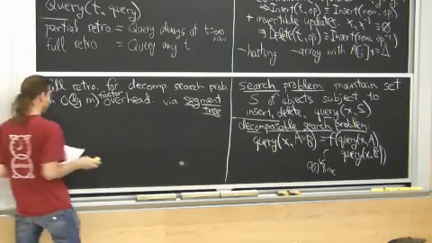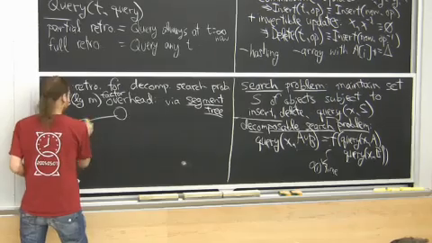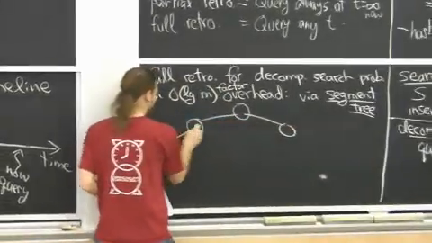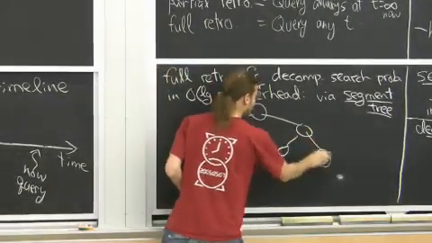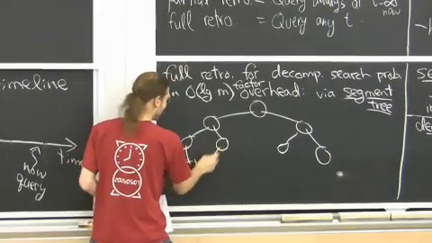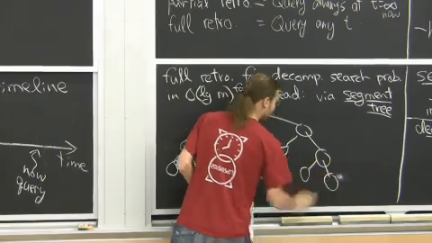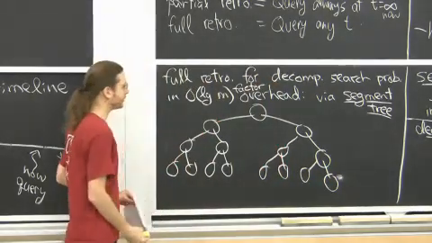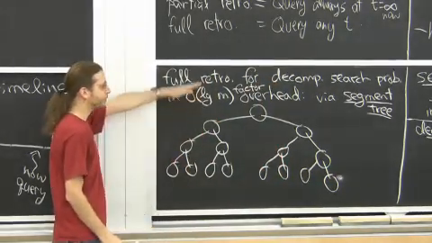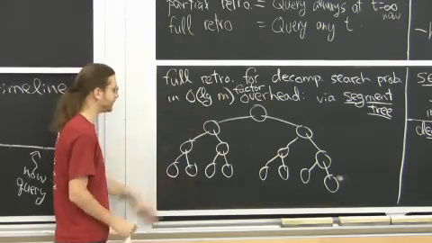So what's a segment tree? It's a tree. Let me draw my favorite picture. I'll draw this many times in this class, I'm sure. I would like to build a balanced binary search tree on time. Leaves will be time.